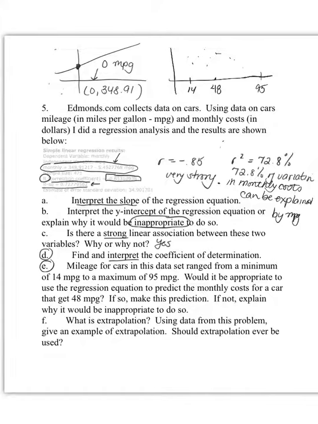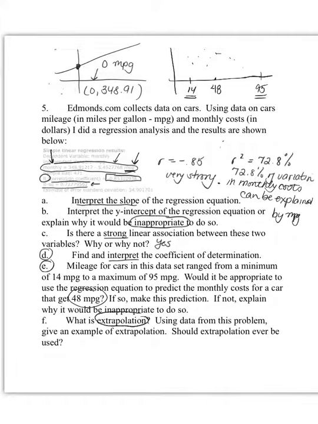And the answer is yes. Why? Because it's within the scope of our data. So we could make a prediction for any value between 14 and 95. And the way you make the prediction is just by plugging in that value for miles per gallon into the regression equation and then solving for your monthly cost.